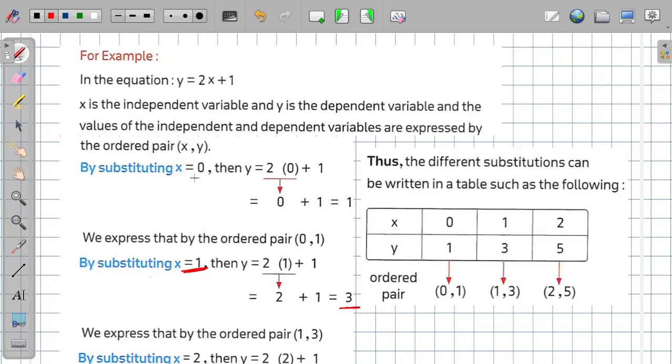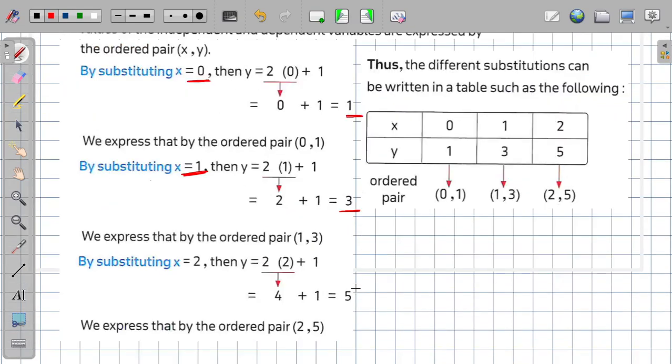The first ordered pair was 0 and 1, and the second is 1 and 3. Now I can replace x with 2. So I have y equals 2 times 2 plus 1, so 4 plus 1 equals 5. So the third ordered pair here is 2 and 5: x equals 2 and y equals 5.